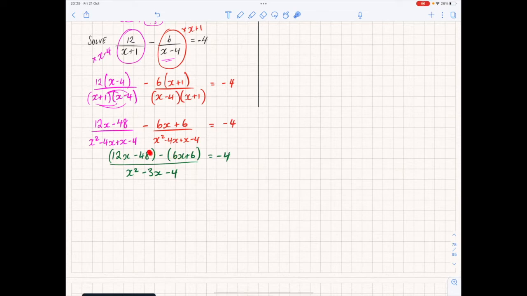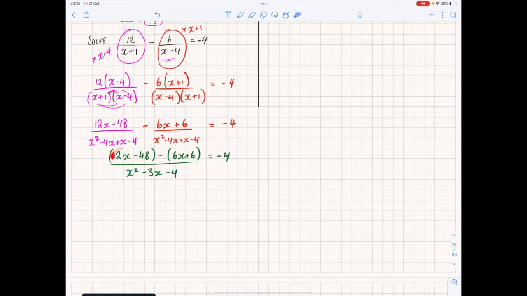Or it's more common in this part where it'd be like minus 48 minus, and this could be a minus 6. So if it was like that, you'd be doing minus 48 minus minus 6, which means you then end up adding the 6. So putting it in brackets just means you don't make any silly mistakes with that negative involved. But in this case, we don't need to worry about that.